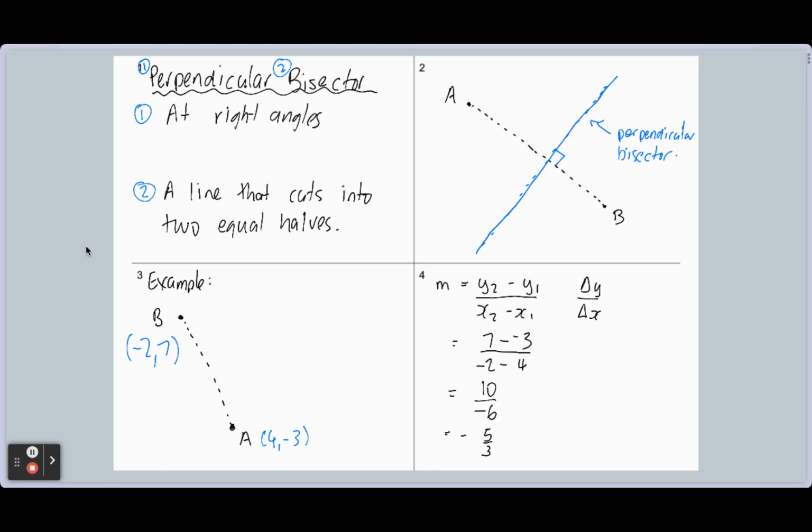Now I'm going to have to switch. Oh, maybe I'll just keep it. I'll keep gradient thinking along this line as well. Therefore, for the bisector, m is equal to 3/5. Is that okay?